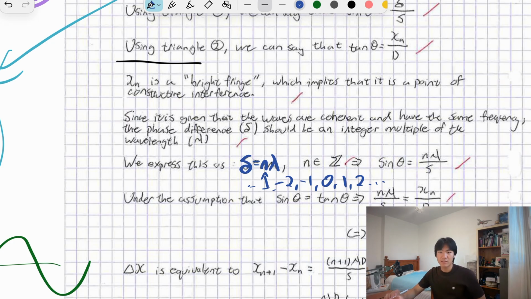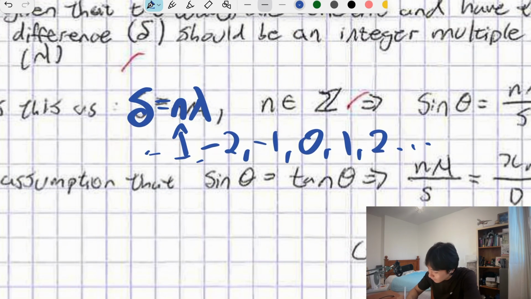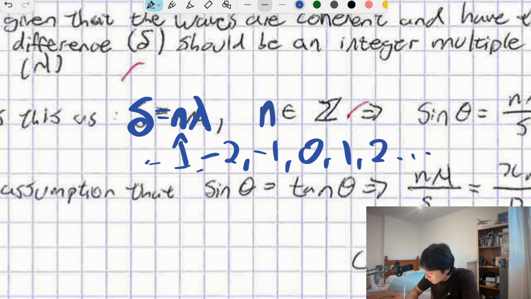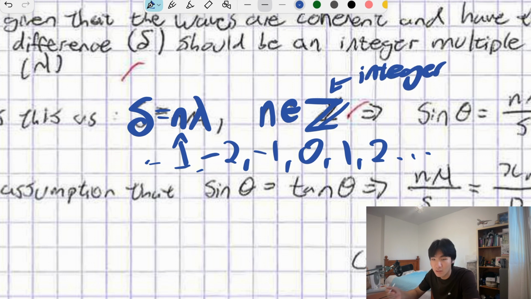In fancy, mathematically rigorous notation, we say n is an element of the integers. This Z here, with 2 lines in the middle, means integer. An integer is just a whole number including 0 and negative numbers. That's what an integer is.